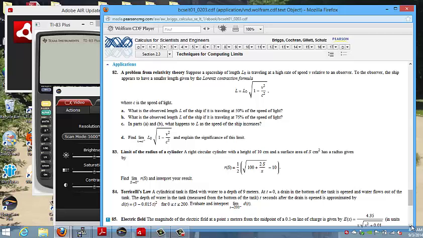So it says that something moving very quickly will look smaller than it actually is. As you get close to the speed of light, it'll look smaller than it actually is. How much smaller? Well, it depends, right?